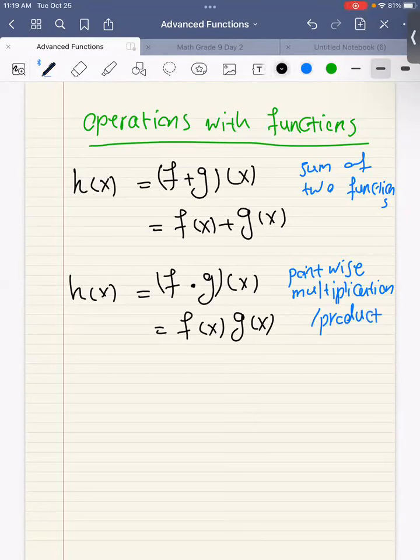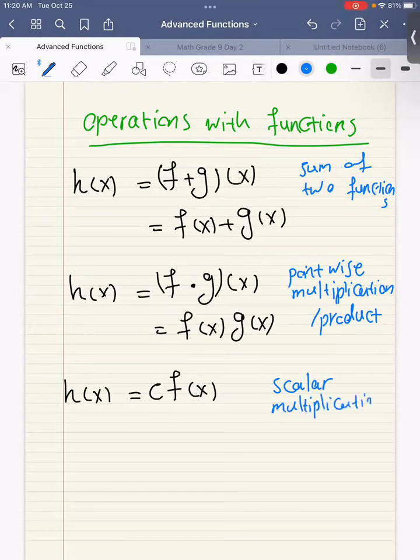Moreover, if you have any function like f, you can multiply it by a constant number. So if c is a constant number, this is called scalar multiplication. Whenever you have a function f of x, you can define 2 times f of x, or 10 times f of x.